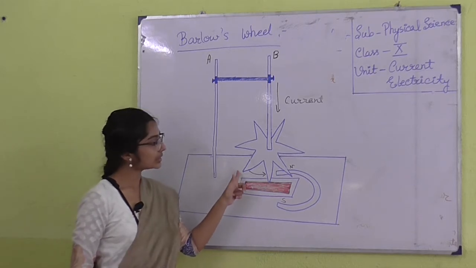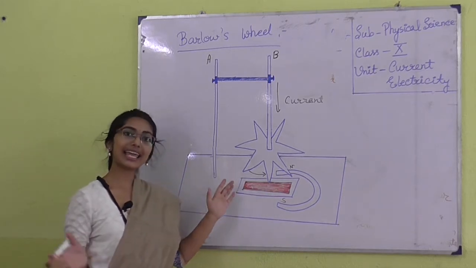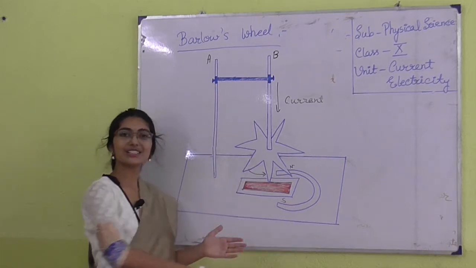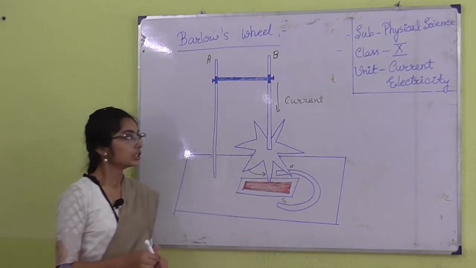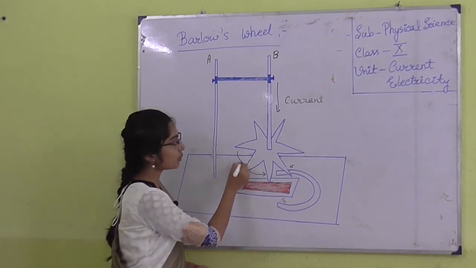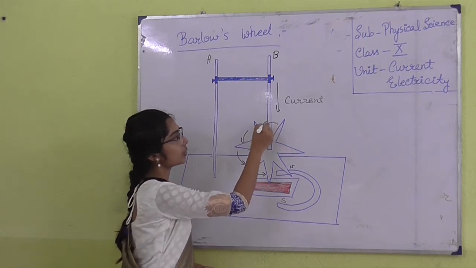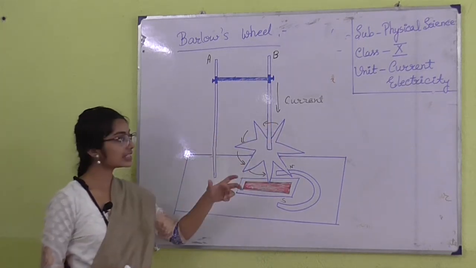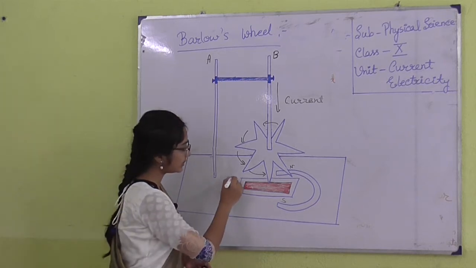Whenever a tooth touches the mercury level, the electric circuit is joined again and the current flows into the mercury. So there is a motion, and the wheel starts rotating this way. The direction of motion is according to Fleming's rule, and this is the magnetic field.